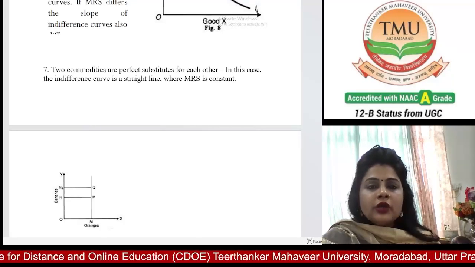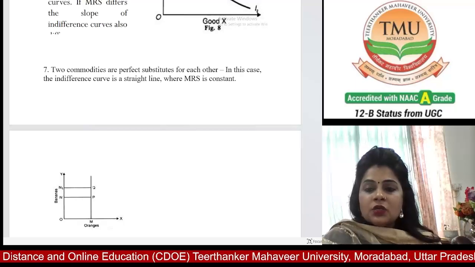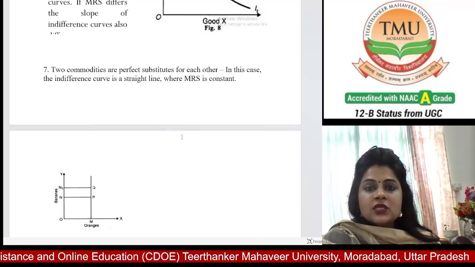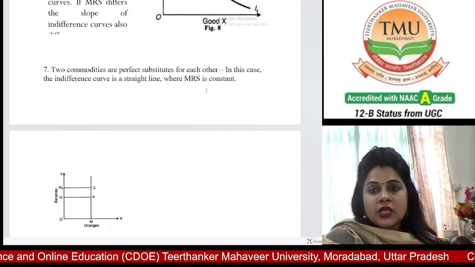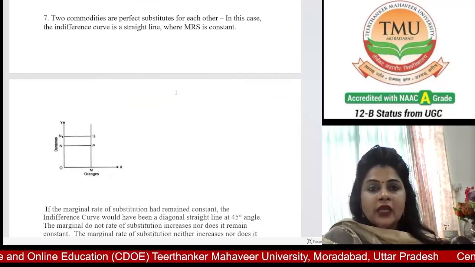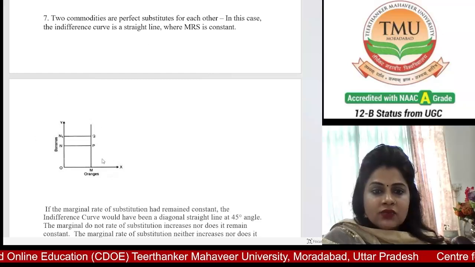If two commodities are perfect substitutes, it means MRS is constant, then the indifference curve is a straight line, as you can see in this figure.